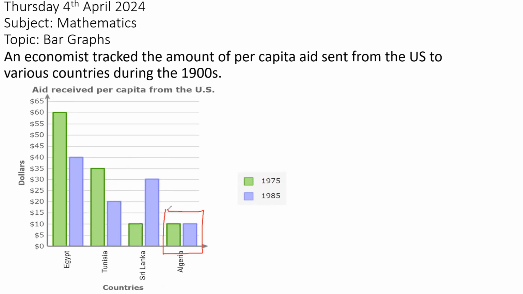How much money was sent to Algeria in 1975? It's going to be what? $10. Very good, $10. And how much money was sent to Algeria in 1985? $10 as well. All right.